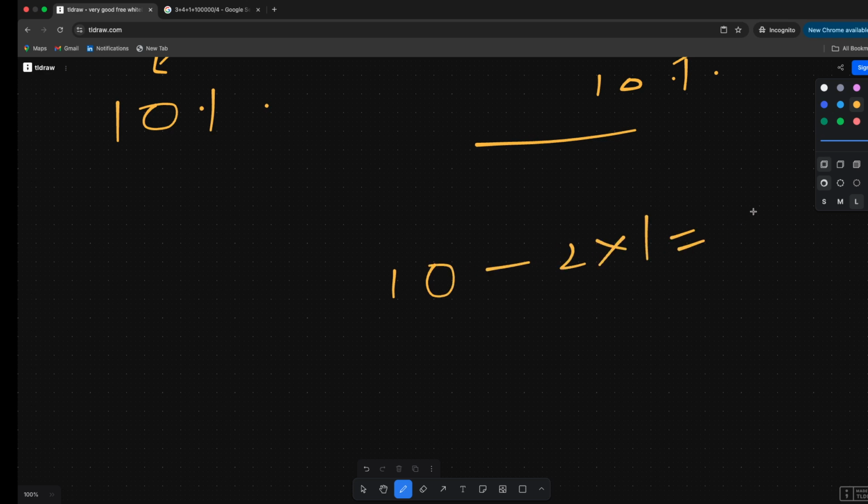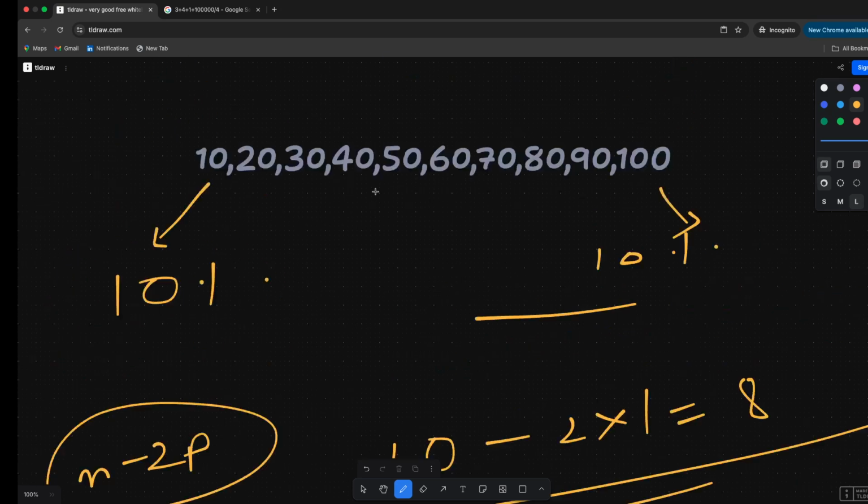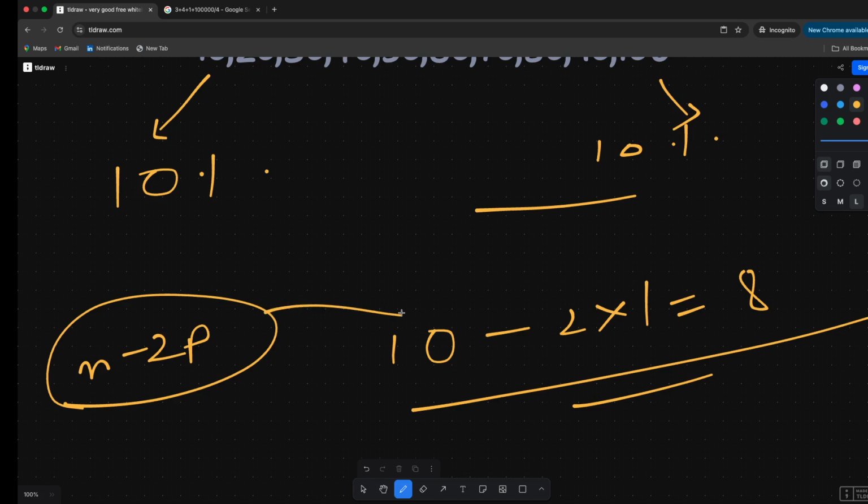So that is basically coming to 8. So that is how we are getting that n minus 2p observations, because on both the ends I have removed.